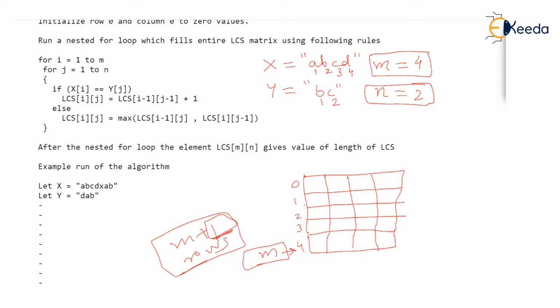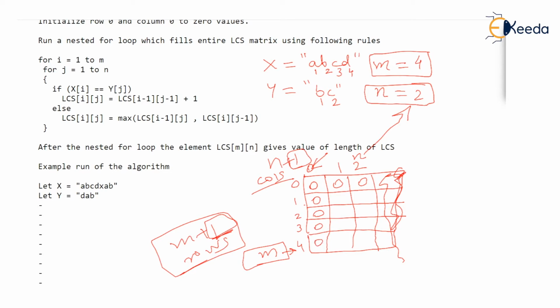Sorry, now this is N. There are 2 letters, isn't it? So we will declare a matrix of N plus 1 columns. That plus 1 has got added due to this 0th column. And importantly, when we start solving the problem, we will initialize entire row 0 to 0 and entire column 0 to 0. This is how we start.